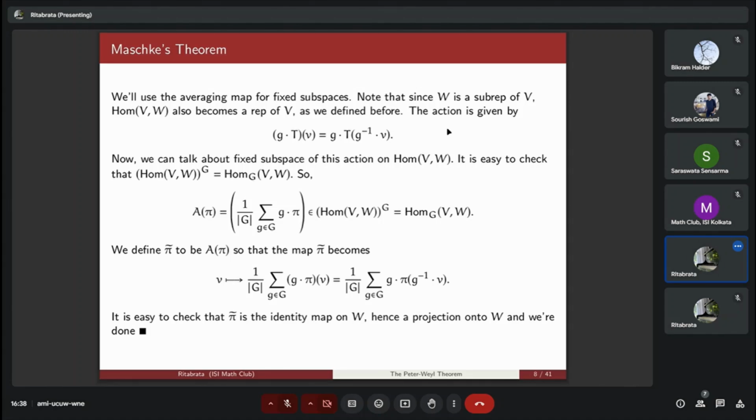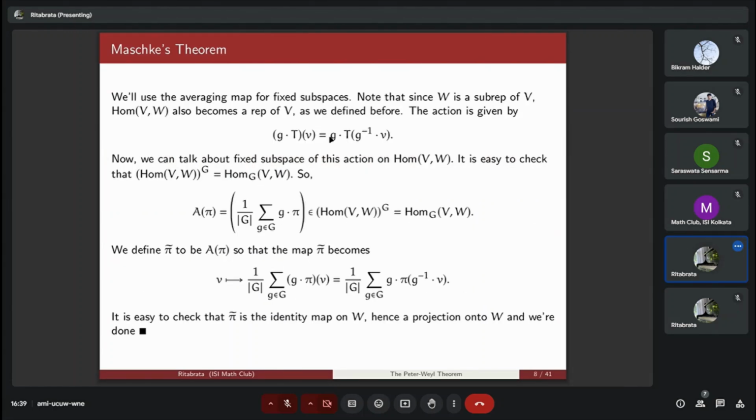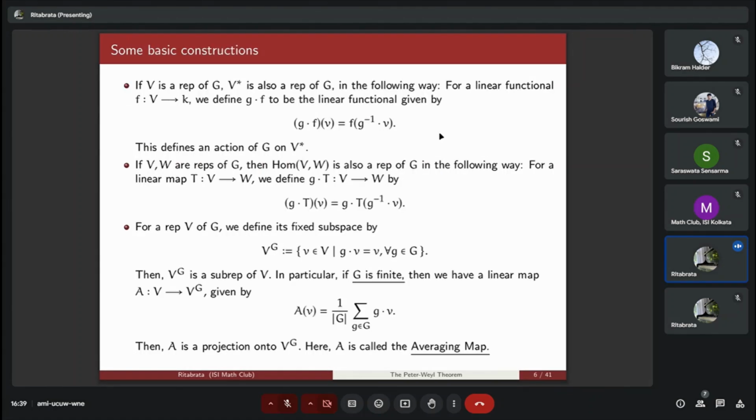So note that this Hom_G(V,W) was a subspace of Hom(V,W), but we haven't made Hom(V,W) a representation in a canonical way. So Hom(V,W) becomes a representation of G in the following way that we already defined before. According to our previous slides, given any representation V, we can define its fixed subspace.